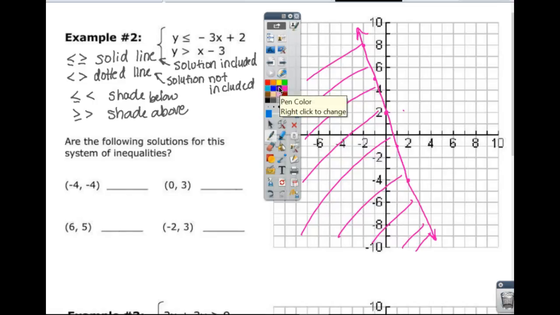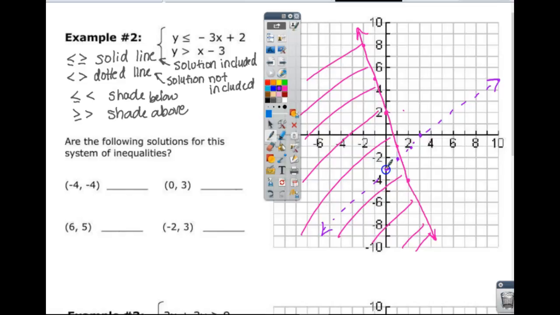Then if I graph the second one, I start at negative 3, and this goes up 1 over 1, and it's a dotted line because it doesn't have a line under it. So if I start here, this time I want to shade above.